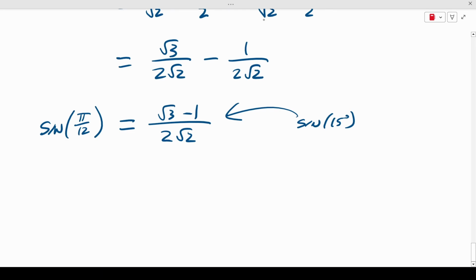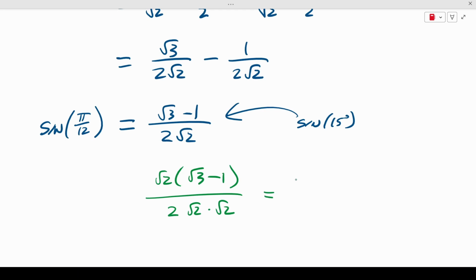If you wanted to rationalize it, you'd have root 2 times root 3 minus 1 over 2 root 2 times root 2. That equals root 6 minus root 2 over 4. Okay, so that's an alternative expression that's identical to this one. But either way you slice it, that's what sine of pi over 12 is.